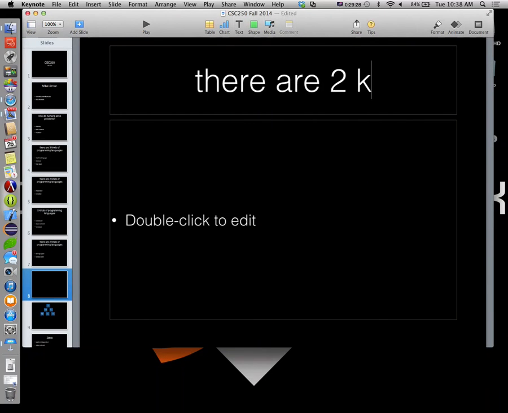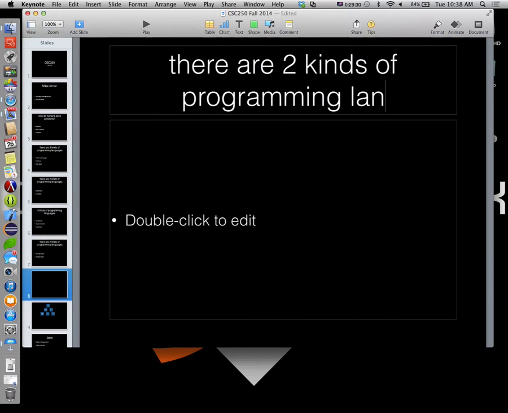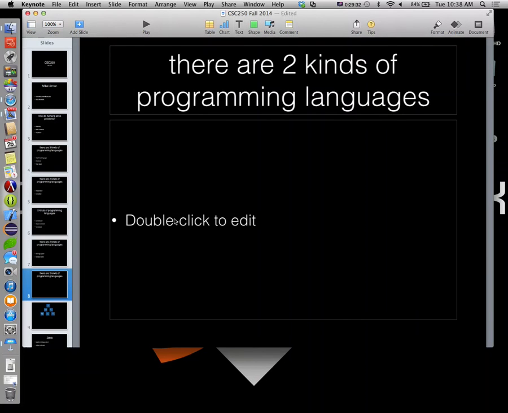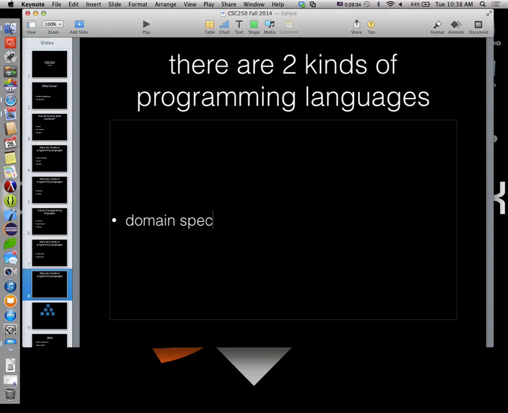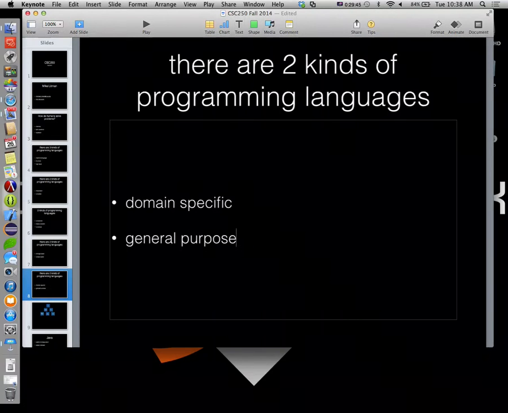There are two kinds of programming languages. Domain-specific, and general purpose. Domain-specific would be a language like HTML, hypertext markup language for making web pages. Very small language. You can learn most of HTML in a weekend.